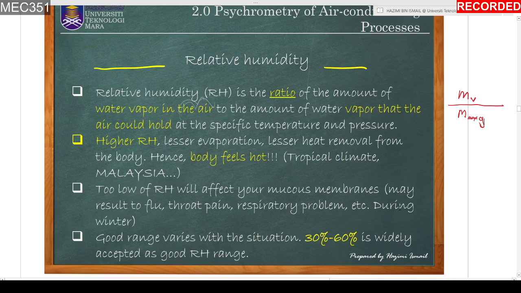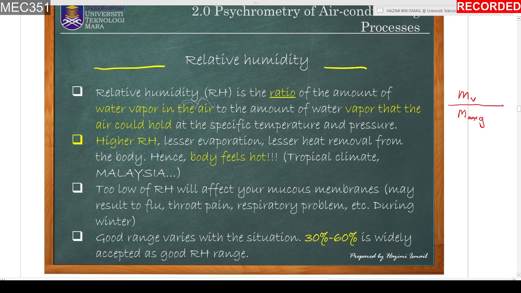Sebab tu diorang kalau musim sejuk, meningkat kes demam, influenza lah. Sekarang kan musim COVID, diorang tengah risau COVID plus influenza pula. Sebab influenza season biasanya berlaku hujung tahun, waktu winter. Okay, itu kelemahan pula kan.